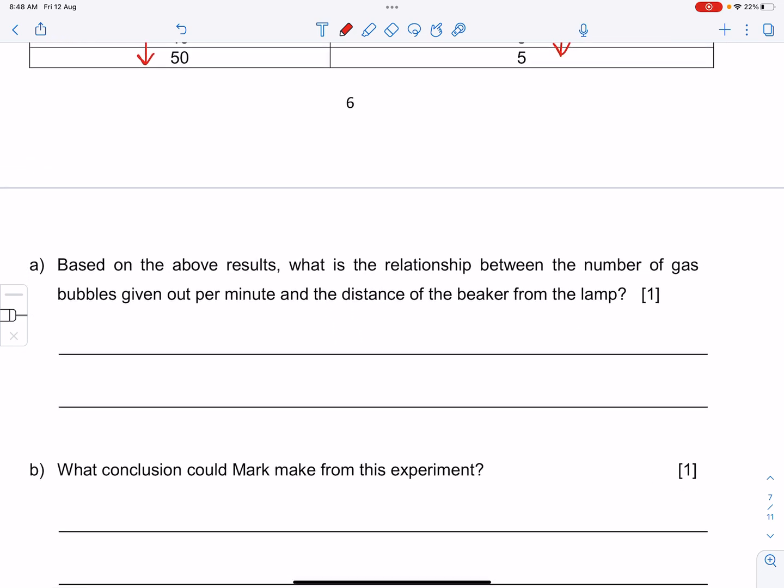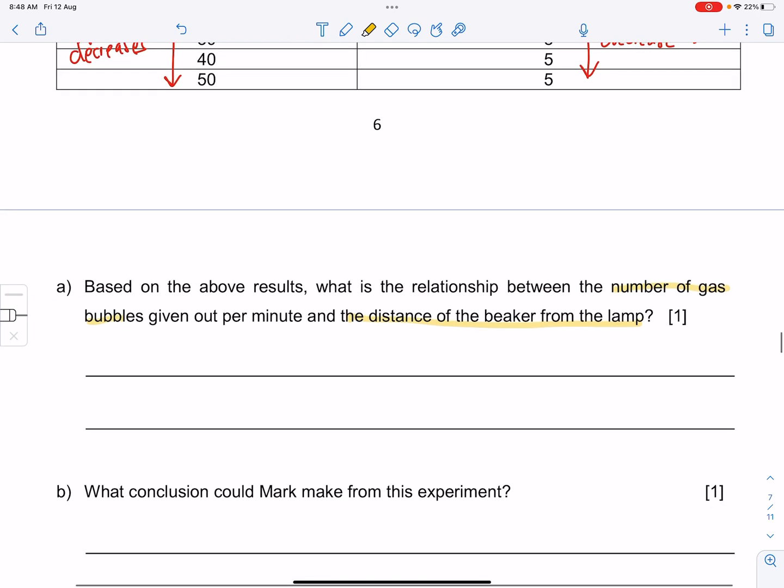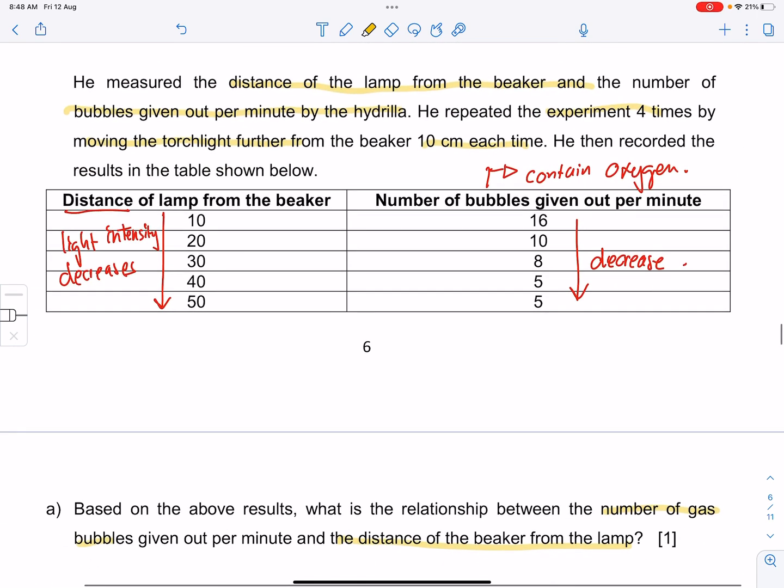Okay, based on the above result, what is the relationship between number of gas or bubbles given out per minute and the distance? So now this is the case that a lot of you have gotten wrong. The most common mistake that I see is that your cause and your effect is swapped. Instead of saying as light intensity decreases, number of bubbles given out decreases, you swap it and say as number of bubbles decreases, distance of lamp or beaker decreases, or light intensity decreases.